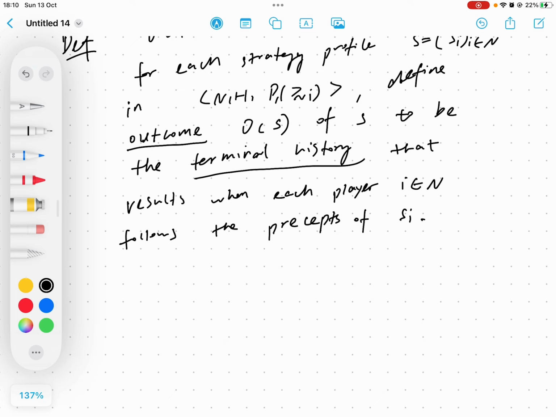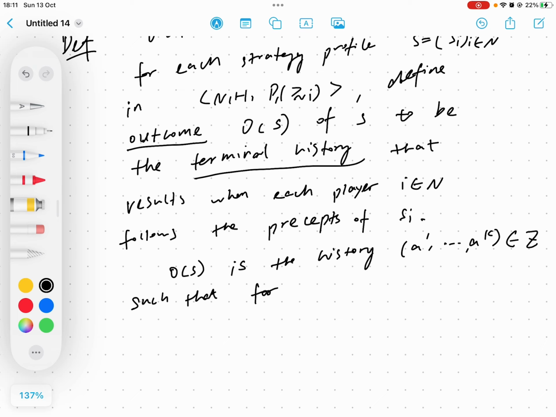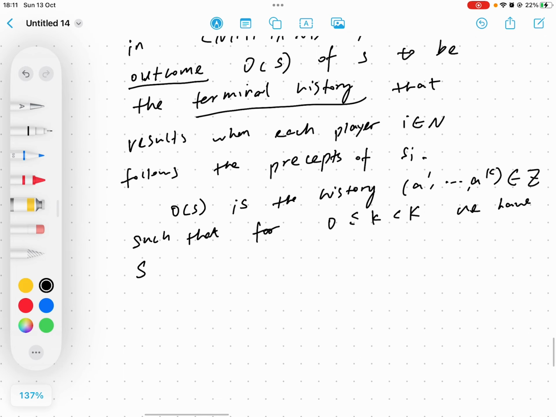Okay, so that means O(s), this outcome, is the history (a1, ..., aK), possibly infinite, a terminal history, such that for k from 0 to K-1, we have s_P(a1, ..., ak)(a1, ..., ak) is a_{k+1}, right?